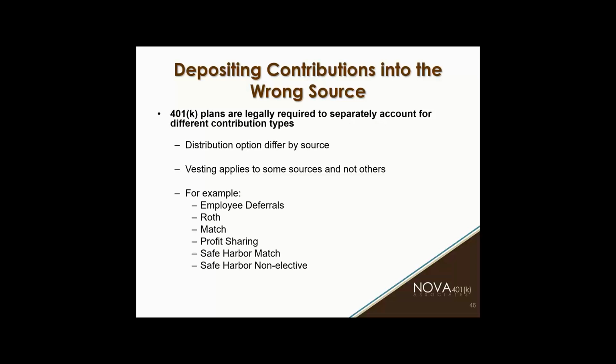They have to be accounted for separately on separate line items at your investment provider because the distribution rules are usually different for each of these types of money. There's vesting on the match and profit sharing, for example, but employee deferrals are always 100% vested. So there are different rules governing these types of accounts within an employee's account, and you don't want the money going into the wrong source.